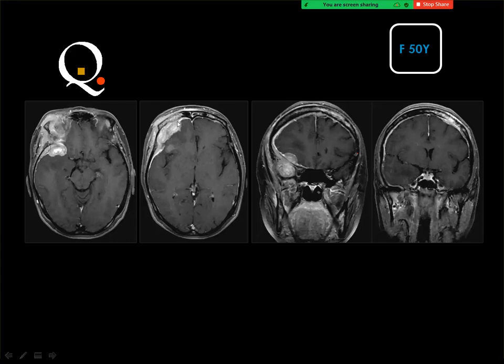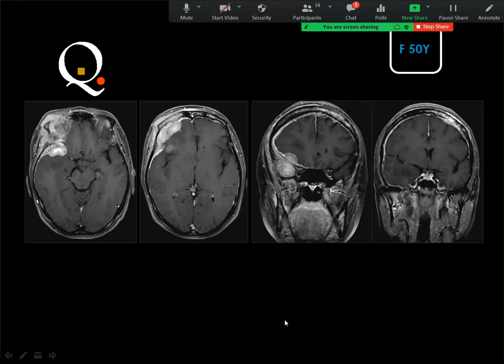And if you look carefully, you see also an extraosseous soft tissue component outside the calvarium. Then, if you suspected that this is a meningioma, it should be atypical or aggressive, or meningioma grade 3, for example.